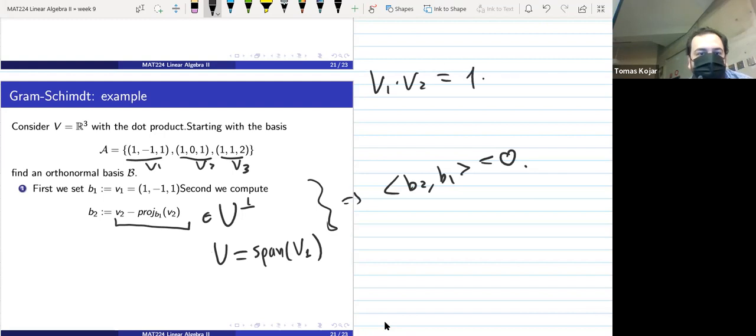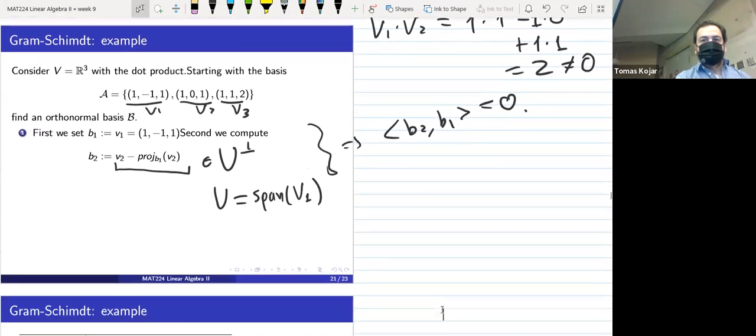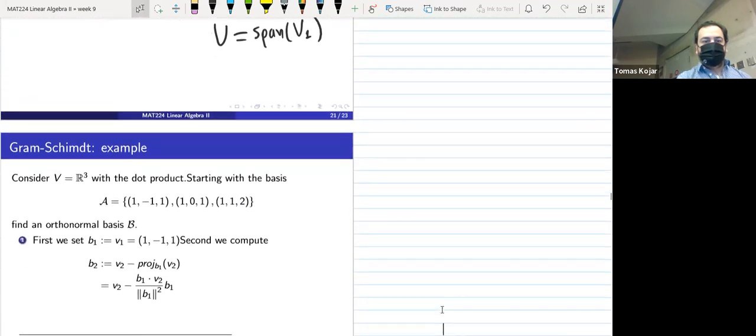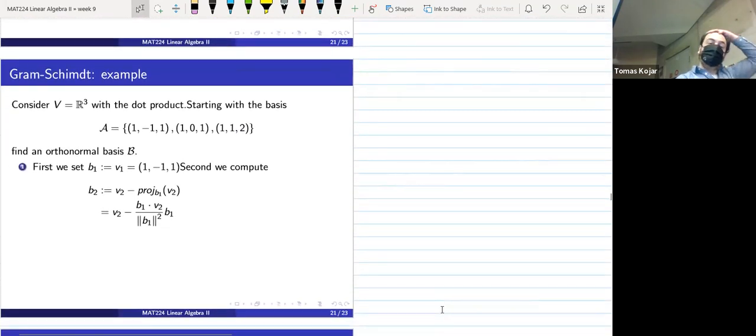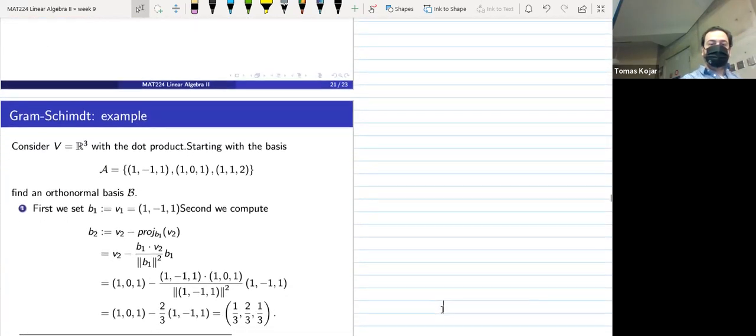So you have 1 times 1 minus 1 times 0 and 1 times 1, which is 2, which is not 0. Okay? But B2, B1, 1. All right. Yeah, right. We have to compute this projection. So let's do that.